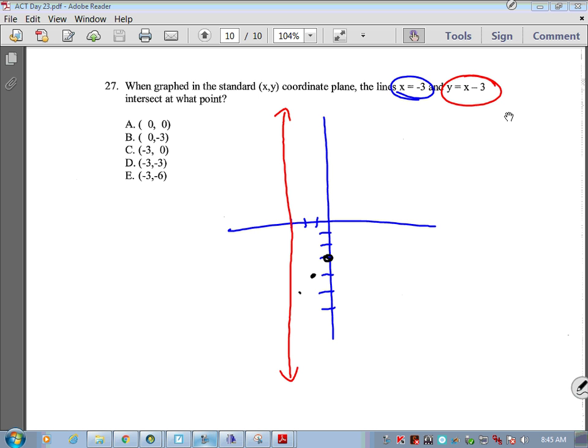Okay, we're going to get a point here. Okay, we're going to get a point there. So we know that we're going to intersect. We would have had to have intersected at negative 3 for my x. It's just figuring out where we would be for our y. It's going to be, what, negative 4, negative 5, negative 6. Okay, that right there. Okay? All right, so you guys can turn those in.